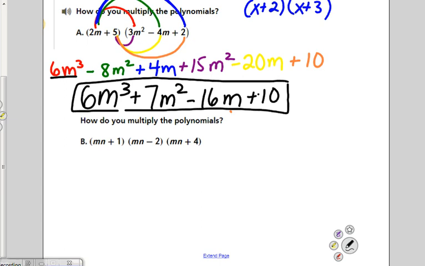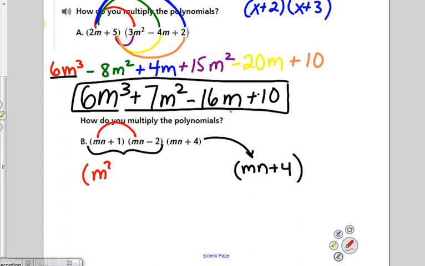Now, in the next one, part B, I think what we should do is chunk this and just do this part first. So we're going to FOIL this and bring mn plus 4 along for the ride later. Okay, so I'm just moving this down, and I'm going to go ahead and FOIL here. That should be m squared n squared. Here, that should be negative 2mn.